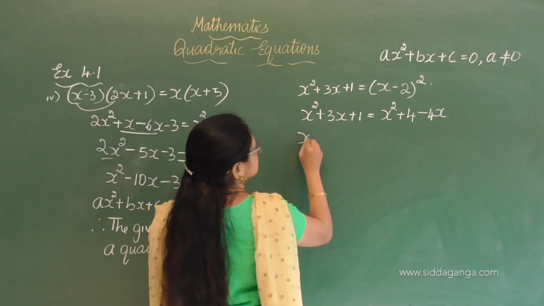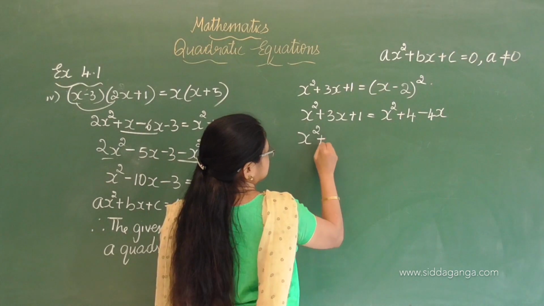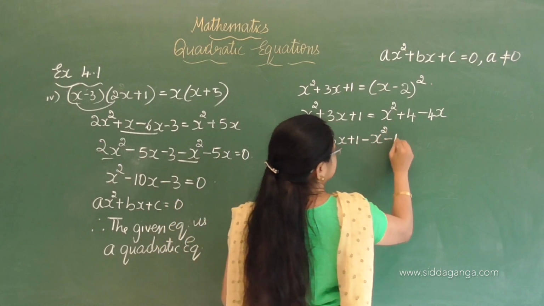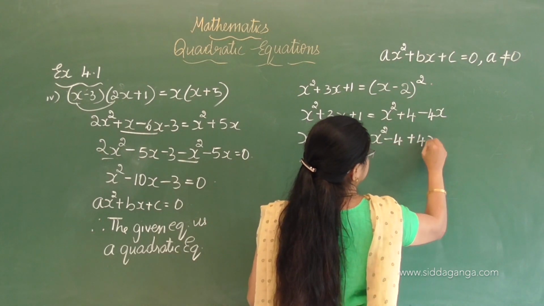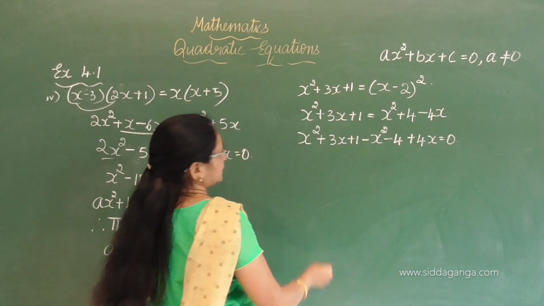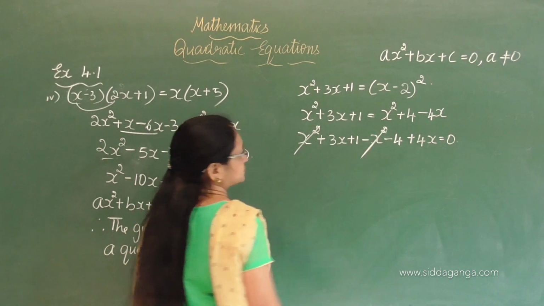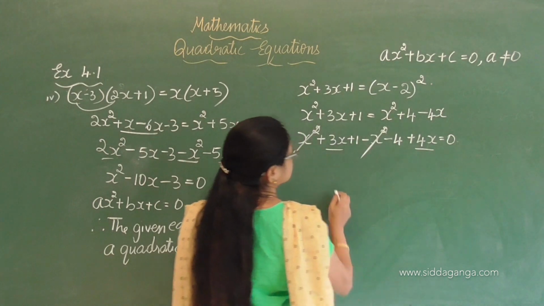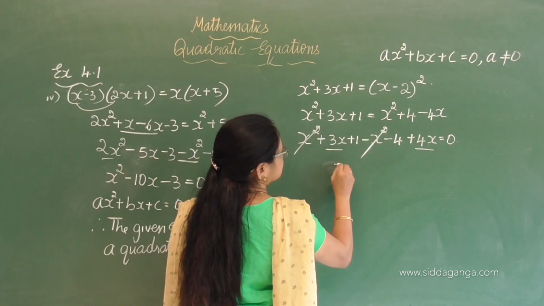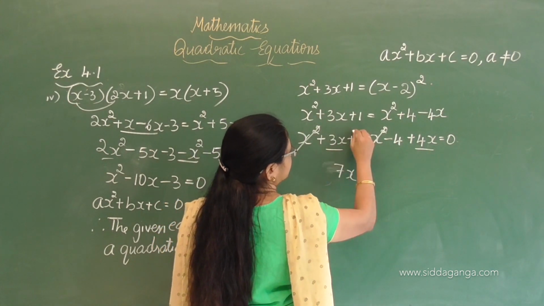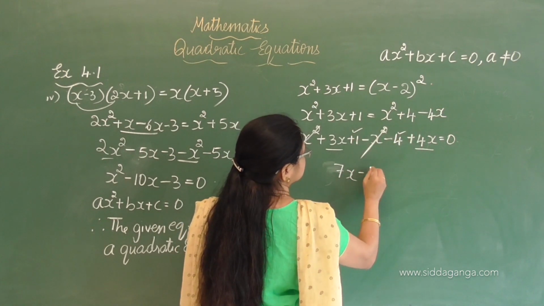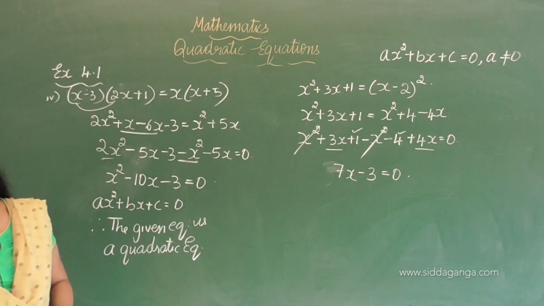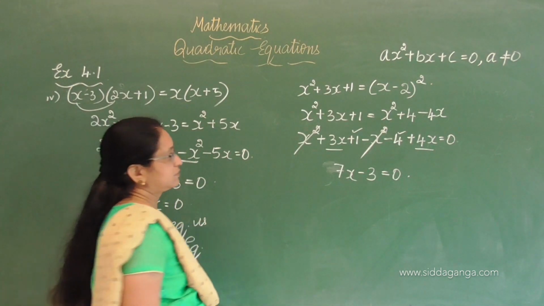Now let us transpose: x square plus 3x plus 1 minus x square minus 4 plus 4x is equal to 0. Now x square minus x square gets cancelled, then 3x plus 4x gives you 7x, and plus 4 minus 4 gives you minus 3 is equal to 0. See, 7x minus 3 is equal to 0.